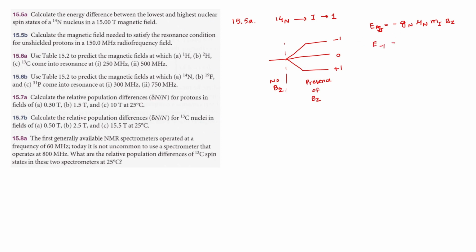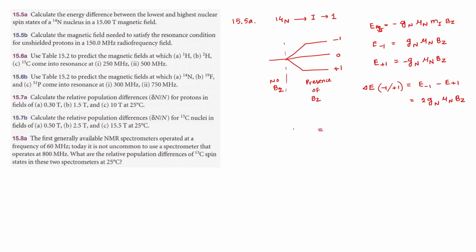For minus 1 it will obviously be plus Gn mu_n Bz, and for E plus 1 it will be minus Gn, your nuclear magneton, and then your magnetic field. So the gap between plus 1 and minus 1 will be E minus 1 minus E plus 1, which is actually 2 Gn mu_n Bz.